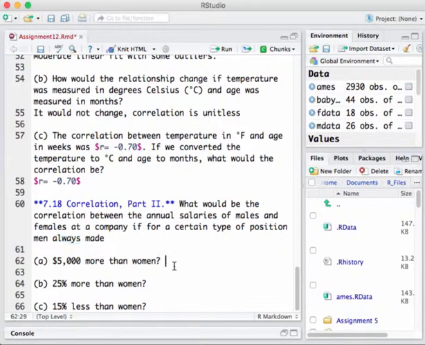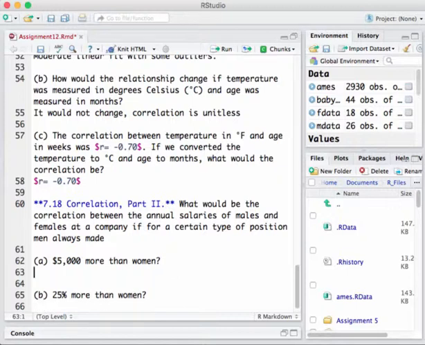So the pay for the men is going to be equal to the pay for the women plus $5,000.